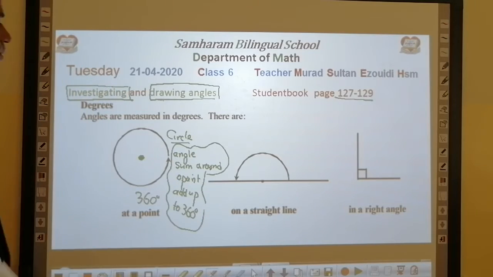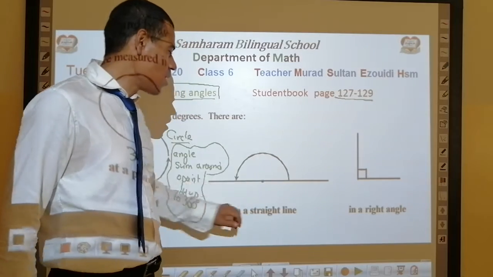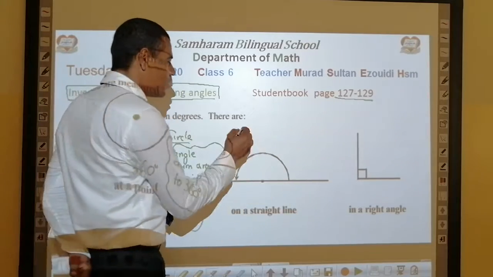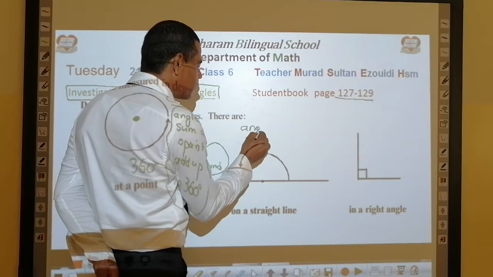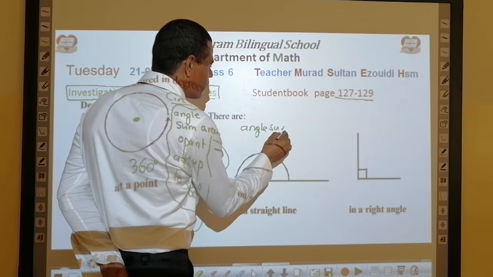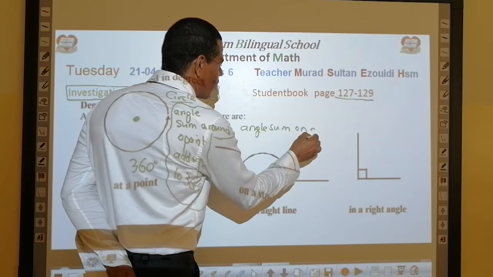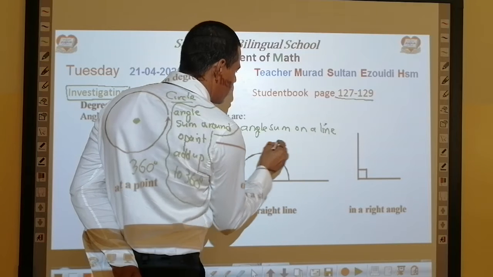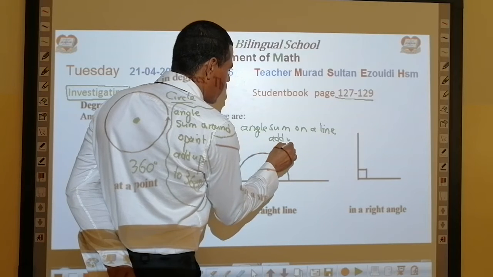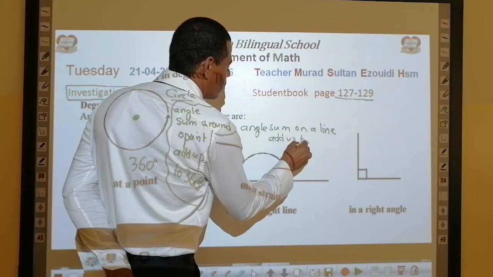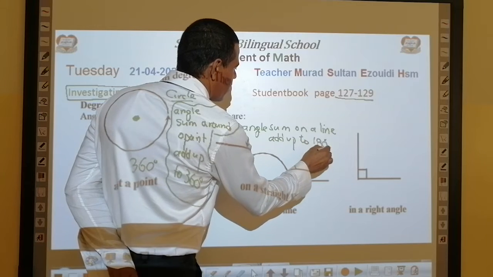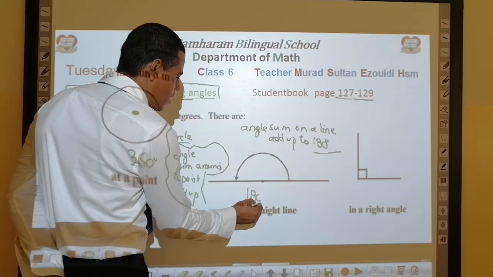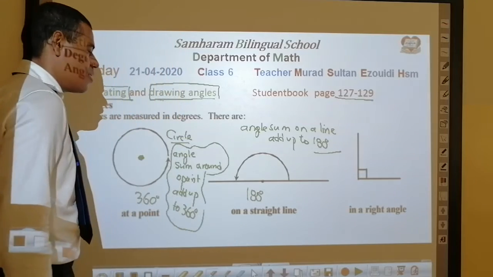Then you can see this is a line segment or a line. So angle sum on a line adds up to 180 degrees. On a straight line the angle sum is 180 degrees.